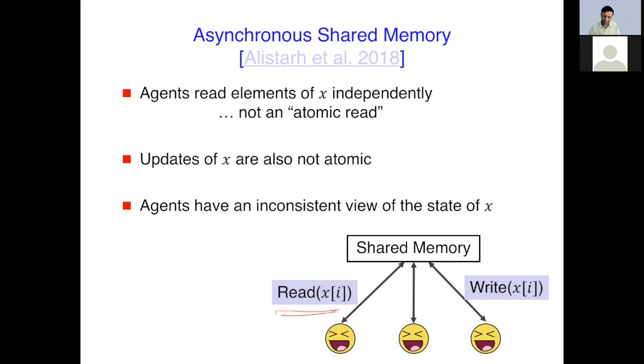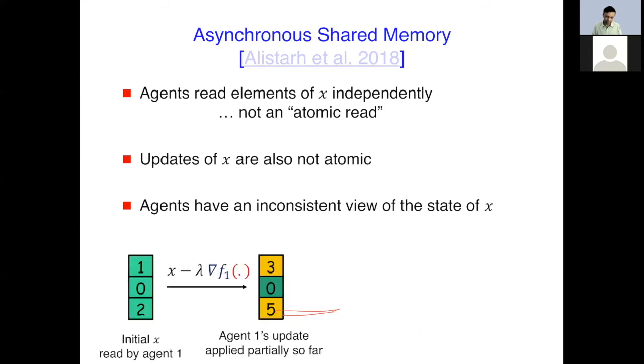And let me try to illustrate that with an example. So imagine that the current initial value of the state of the server in the shared memory, the server implementing shared memory, is 102. There are 3 elements in this vector x. Now, this gradient step is performed using shared memory operations as well.